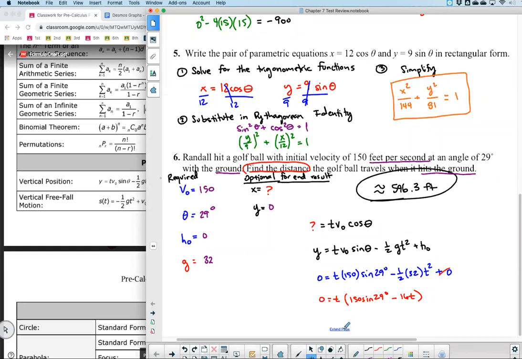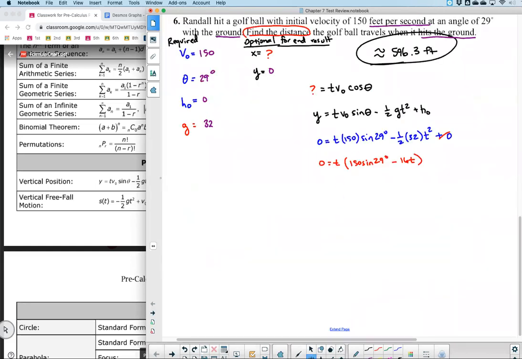Since they're both equal to 0, the zero product property says that if you multiply and get a product of 0, one of these two equals 0. So t equals 0 is a possibility, but time 0 means we haven't hit the ball yet. So that's not our answer. Or it's going to be when 0 equals 150 sine 29 degrees minus 16t. So I will solve this part now. I'll add 16t, and to get our solution, I need to divide by 16.